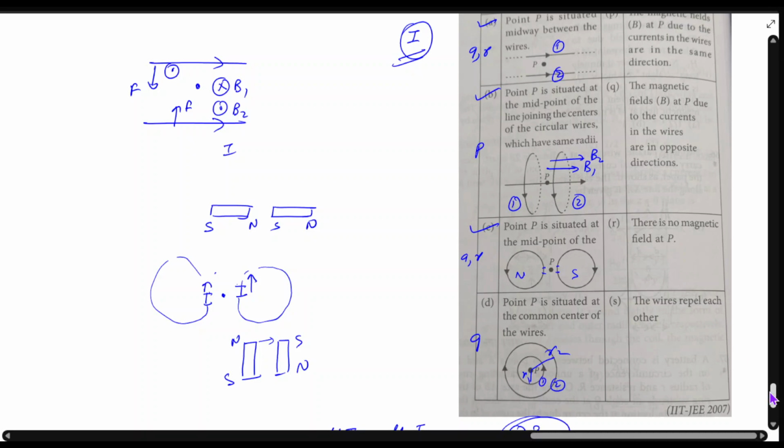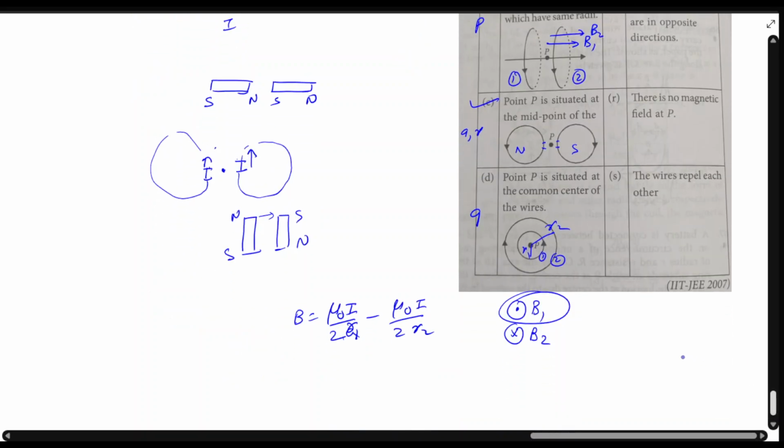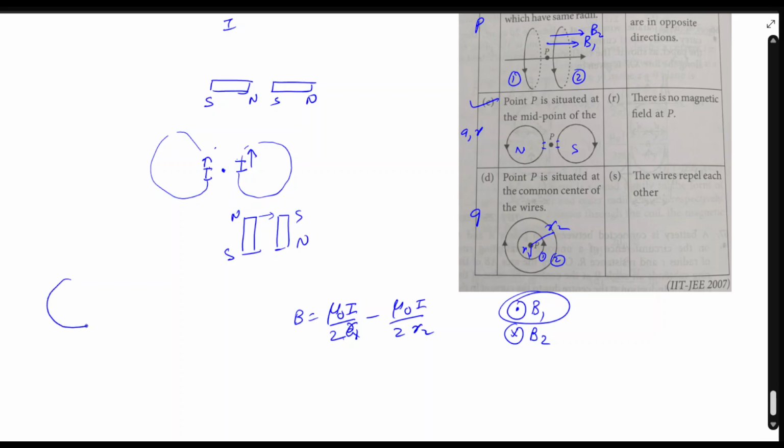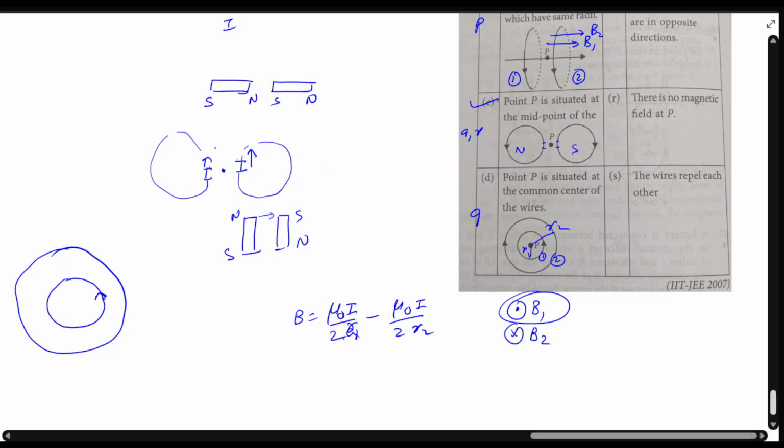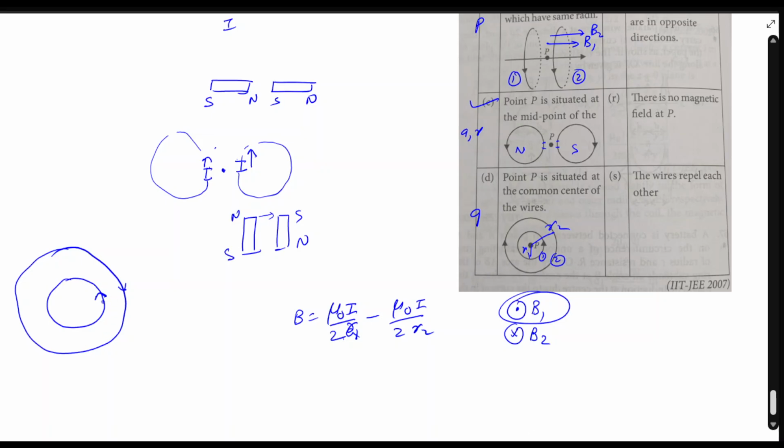The wires will repel each other. Let's check this. So look, we have a wire like this, and this is our second wire. Now current in this wire is like this, and current in this wire is like this, right? So let's just check this part of the wire, right?